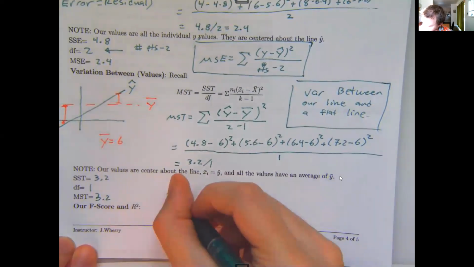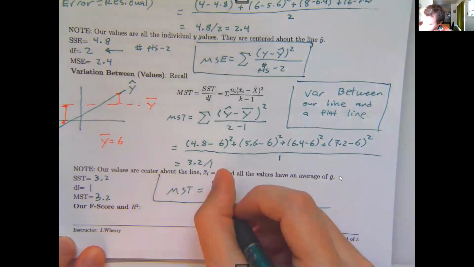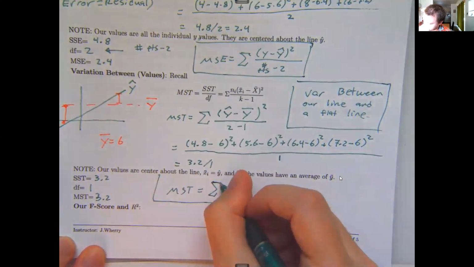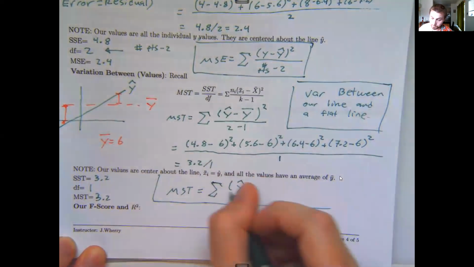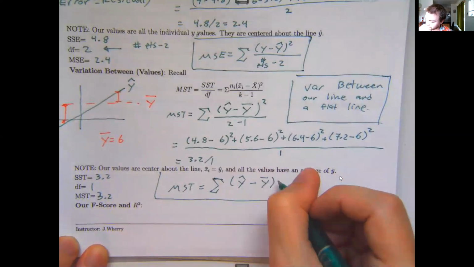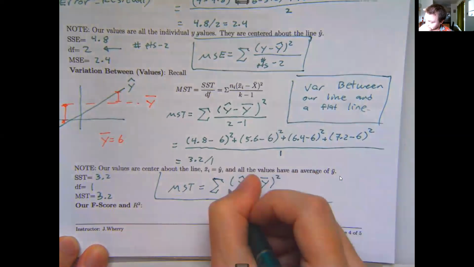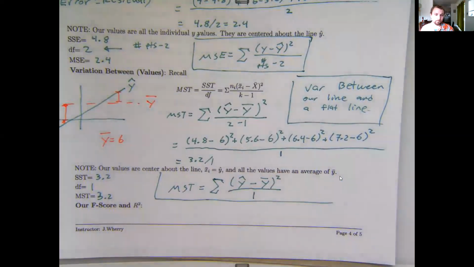So this MST is the sum of all of our line values minus our flat average of our y's, squared, divided by 1. Since it's divided by 1, I don't even really need to have that.